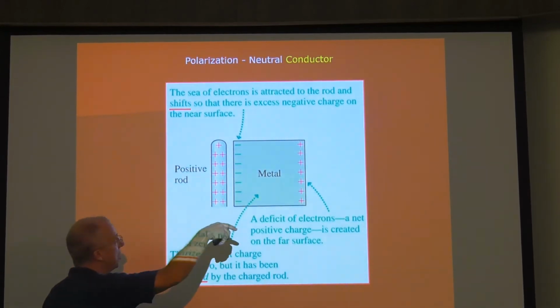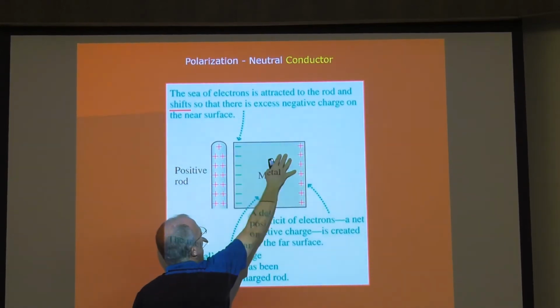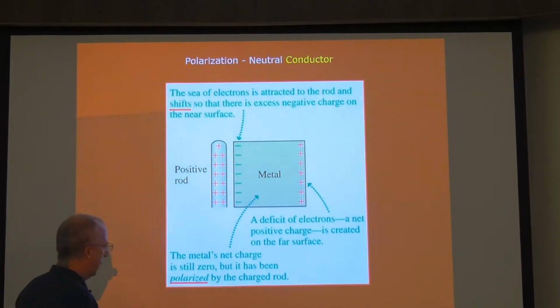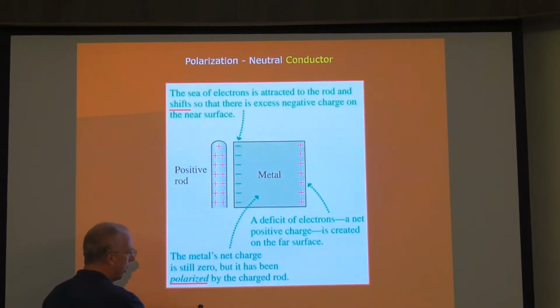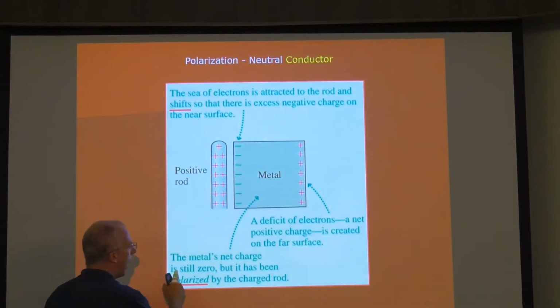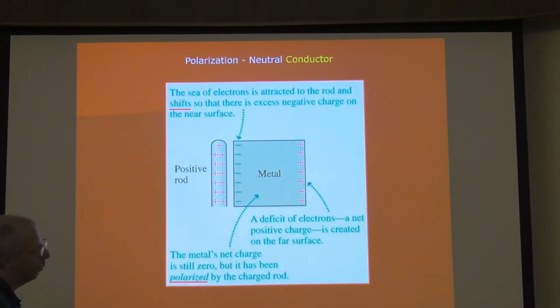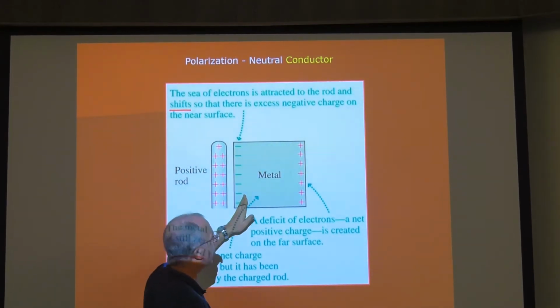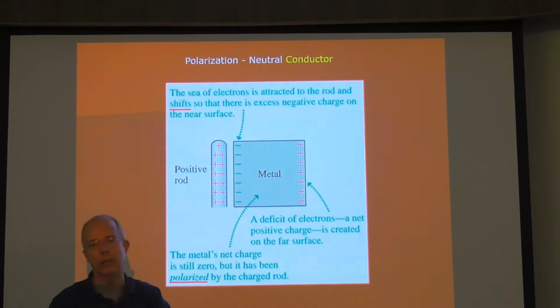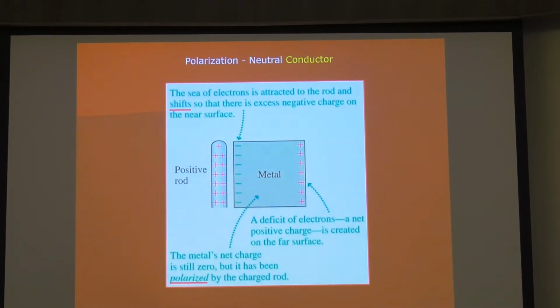Now look, this thing is still neutral, right? It's just that it's been polarized. So the metal's net charge is still 0, but it has been polarized by the charged rod. Well, if you have a positive rod here, you have negative right here, what's going to happen? It's going to be attracted. So that makes good sense.